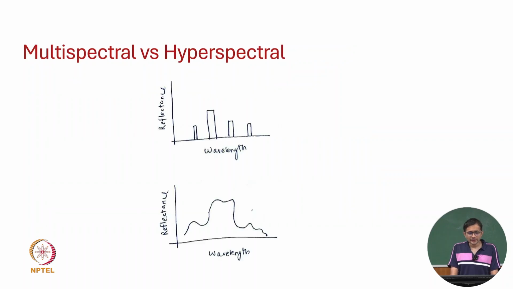So in a way, to understand the difference between multispectral and hyperspectral images, you can think like this: if you were plotting wavelength on the x-axis and reflectance on the y-axis, the plot for the different bands would be more discrete in the multispectral case, whereas in the hyperspectral case, it's as if a continuous plot.